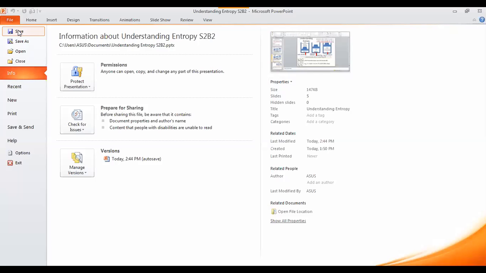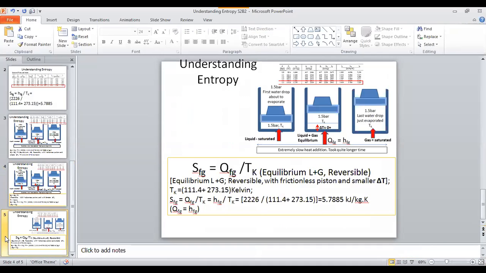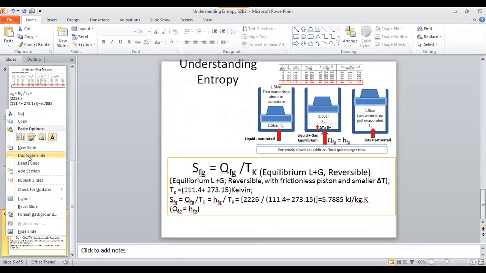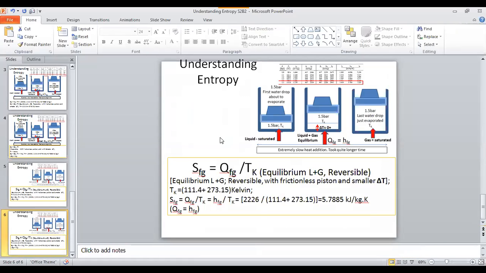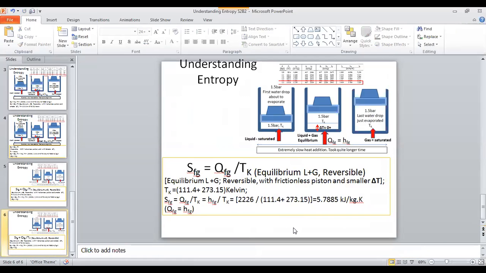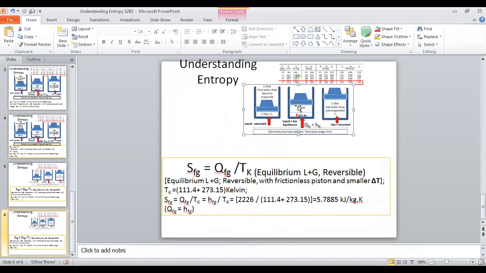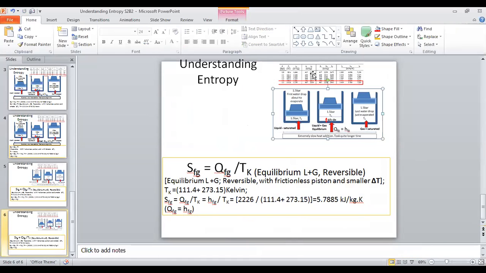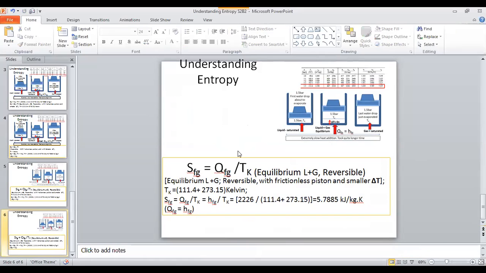Now I'm saving this and going to a new slide, a duplicate slide. Now you see here, this is for the sake of memory, where we got this.